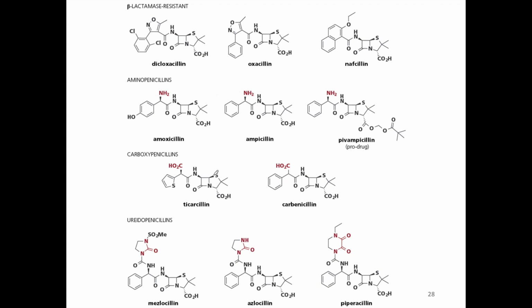Then we have other derivatives, carboxypenicillins down below that, and then the ureidopenicillins have more modified functionality based on ampicillin, where the amino functionality has been modified into a urea derivative that gives rise to drugs that have more specific diseases that they treat.